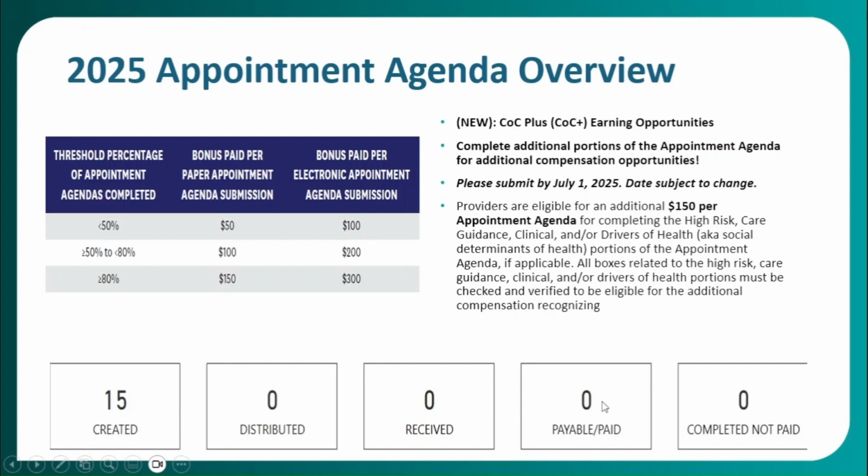So these are all the statuses which are assigned to an appointment agenda. And by the way, when you go into a quality meeting with your provider relations associate, they will tell you about this incentive opportunity, that, hey, these are the patients and their care gap is appointment agenda, which means you have to address all of these conditions within the agenda. And they will also have a status column for the agendas, and these will be the statuses. And what these mean, we will see.